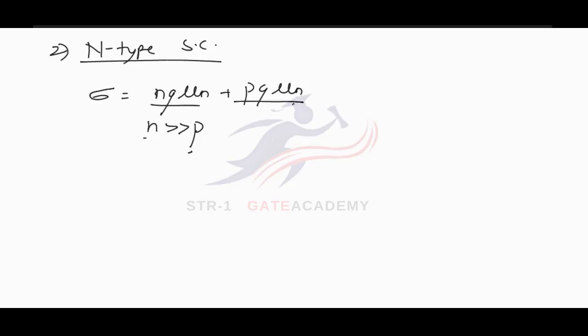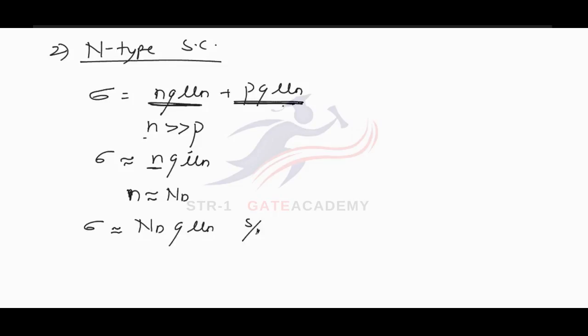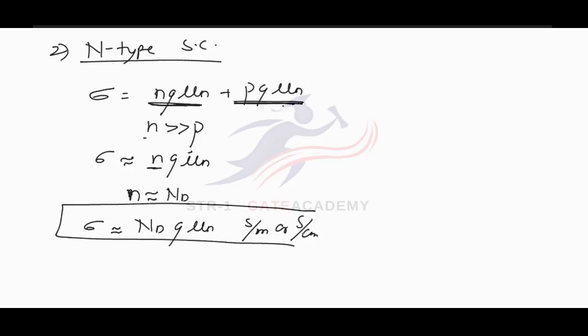So I can say that this part of the conductivity equation is very less as compared to this part, so I can neglect this part. Sigma can be written as sigma is nearly equal to n q mu n. In this conductivity equation, n can be replaced for n-type semiconductor as Nd. So I can write conductivity equation sigma is equal to Nd into q into mu n, Siemens per meter or Siemens per centimeter. This is the conductivity equation for n-type semiconductor.